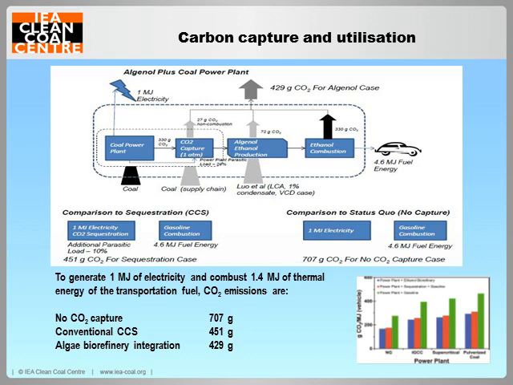The ordering for carbon footprint is pulverized coal is greater than supercritical, greater than IGCC, and greater than natural gas. This is because pulverized coal-fired power plant releases the most CO2.